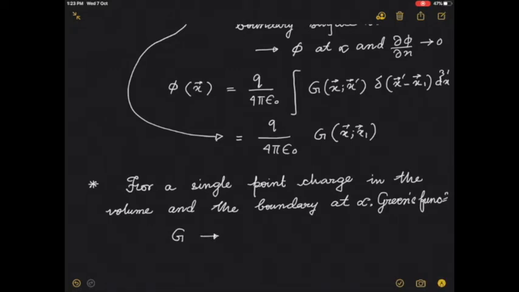So in this case, this is a very particular solution for G. It's for a single point charge. Remember that G is the solution for a single point charge. But the boundary condition is that we have chosen the volume to be the entire universe, and the boundary condition is that at the edge of the universe, which is at infinite distance from our origin, the value of G is 0. So in that particular solution for G, we call it G prime.